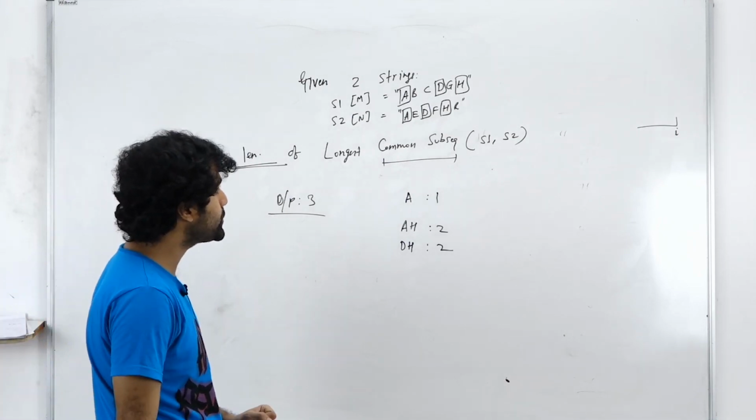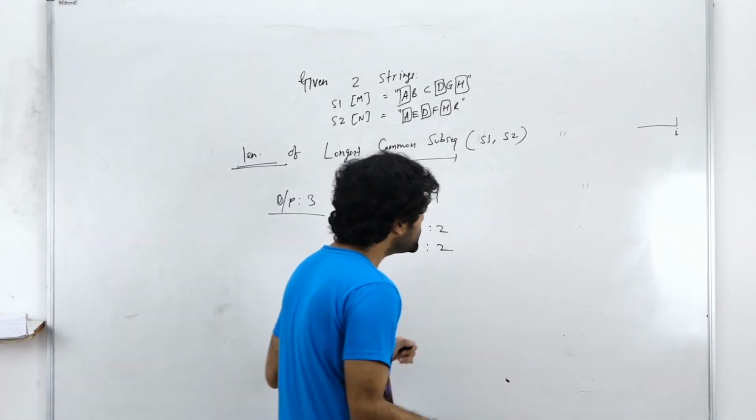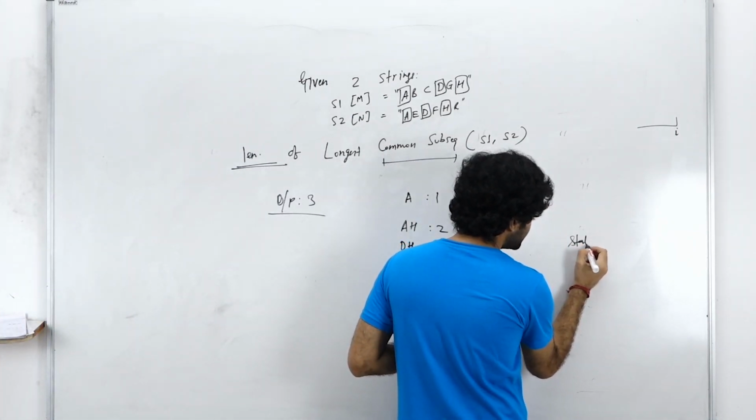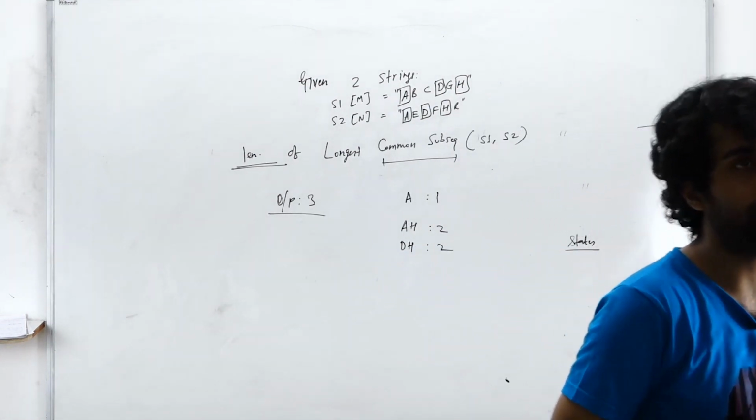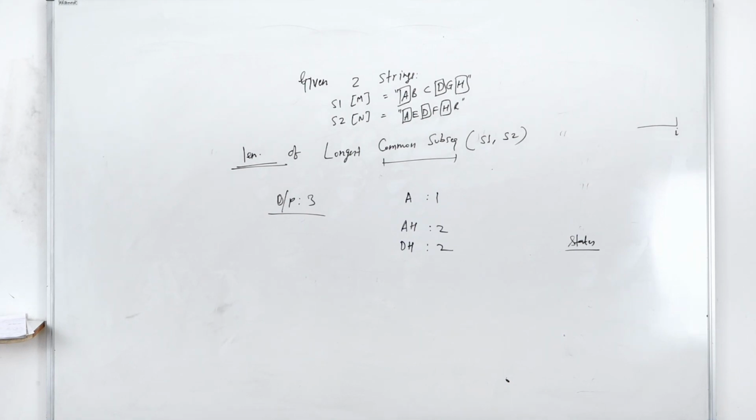The second hint that I wish to give is, are you aware of the states? How many of you are aware of the state of a DP problem? Do you understand what this means? Yes or no? You can type yes or no if you understand the meaning of state of a problem.